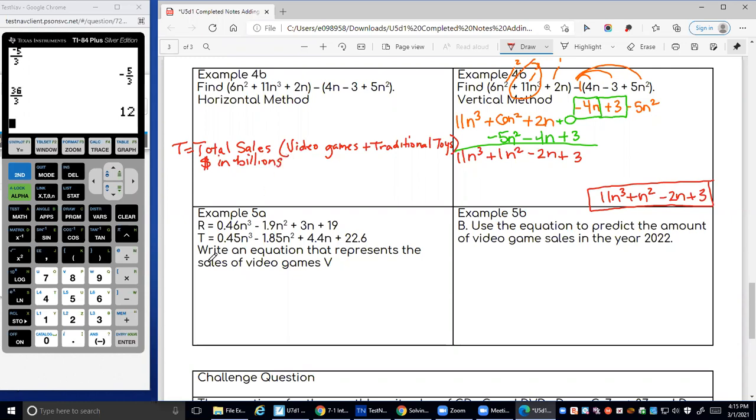R is going to be the sales for traditional toys. And V is going to be the sales for video games, which I'm sure my son is mostly responsible for.